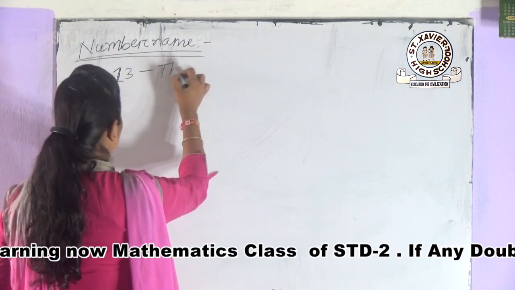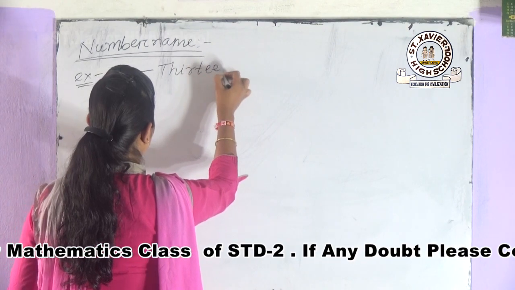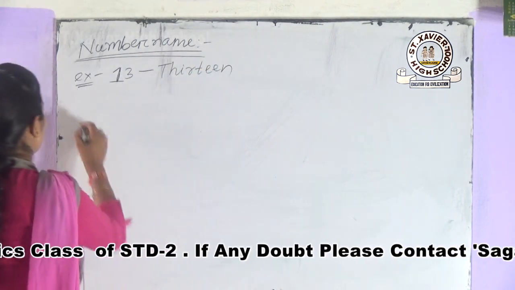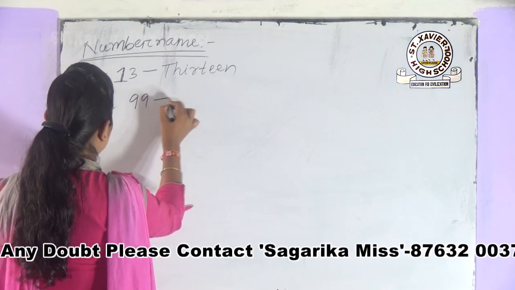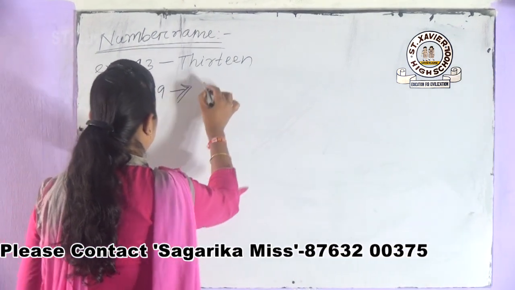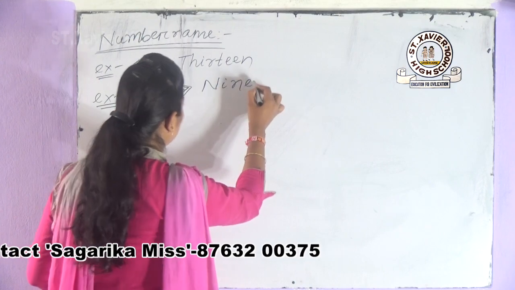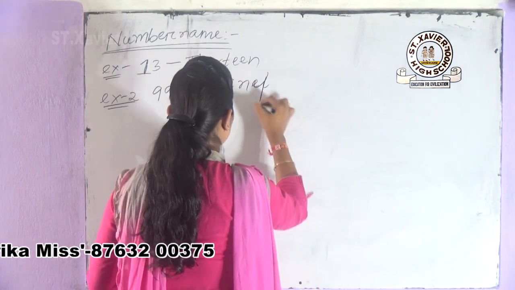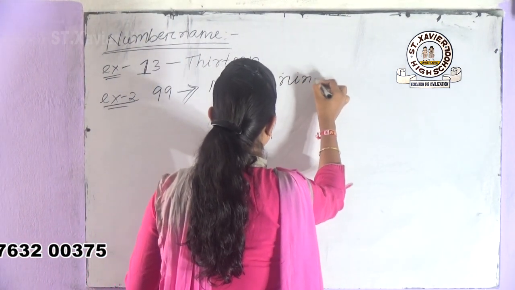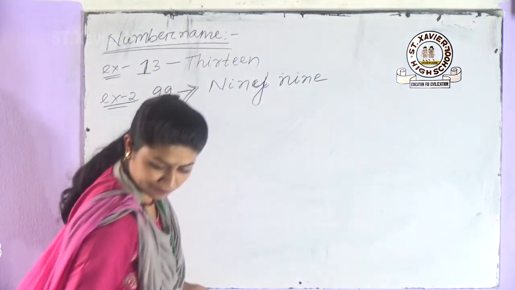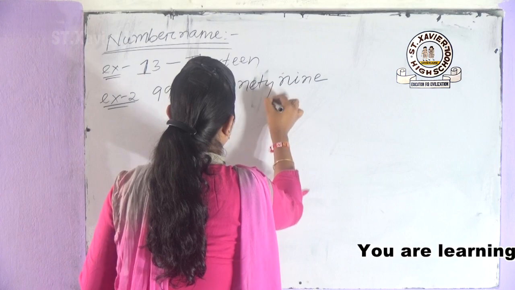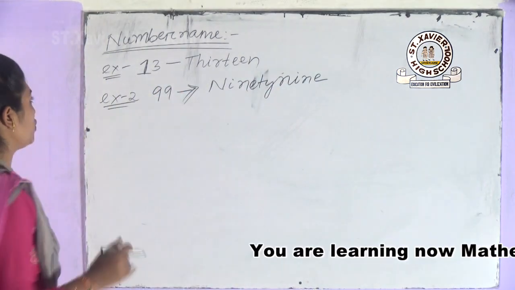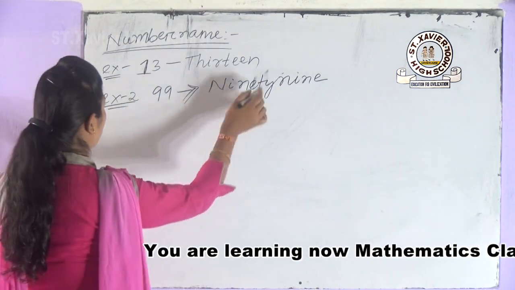So write down thirteen. Okay. Another example, 99. That is how you read 99, yes or no? So write down ninety-nine. Sorry, there is a mistake. Ninety-nine, yes or no? So this is your number name.